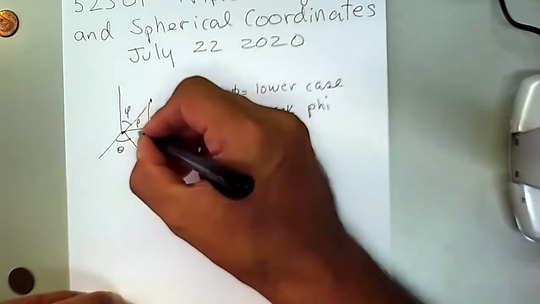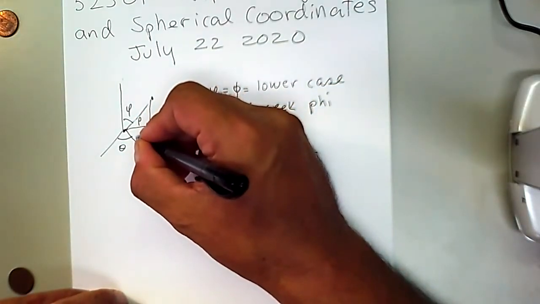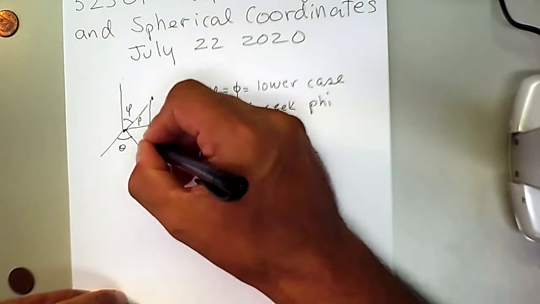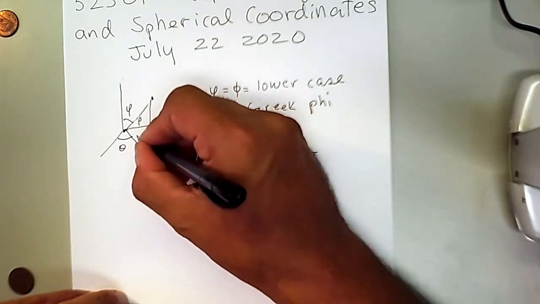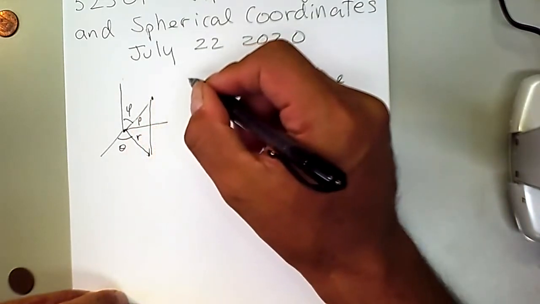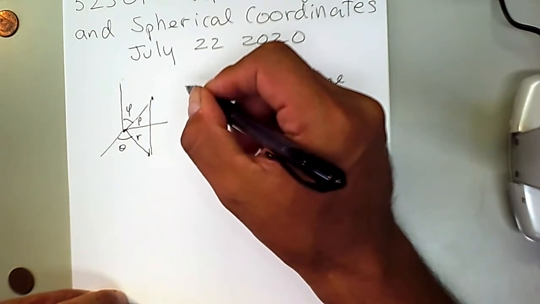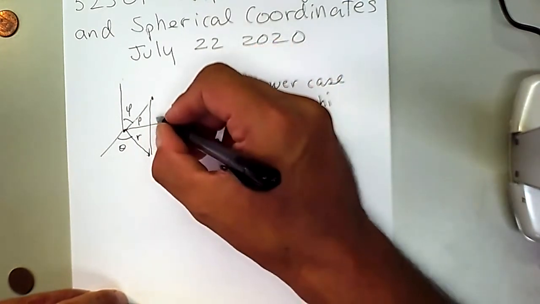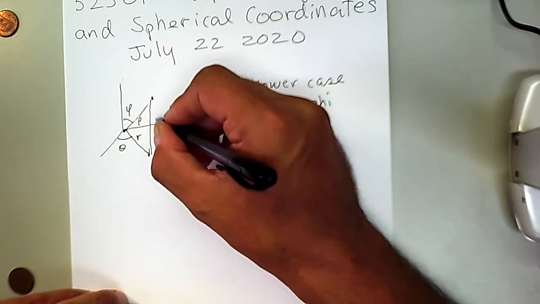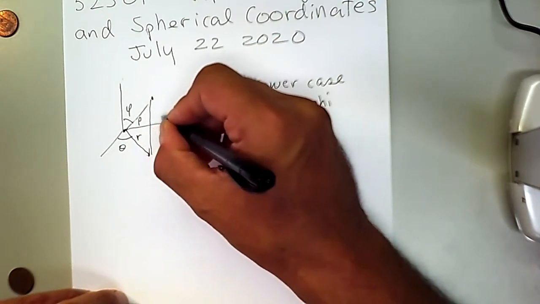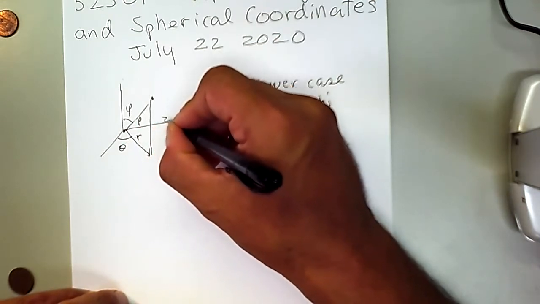Now, this r is not used directly for spherical coordinates. You can actually see z is this distance.